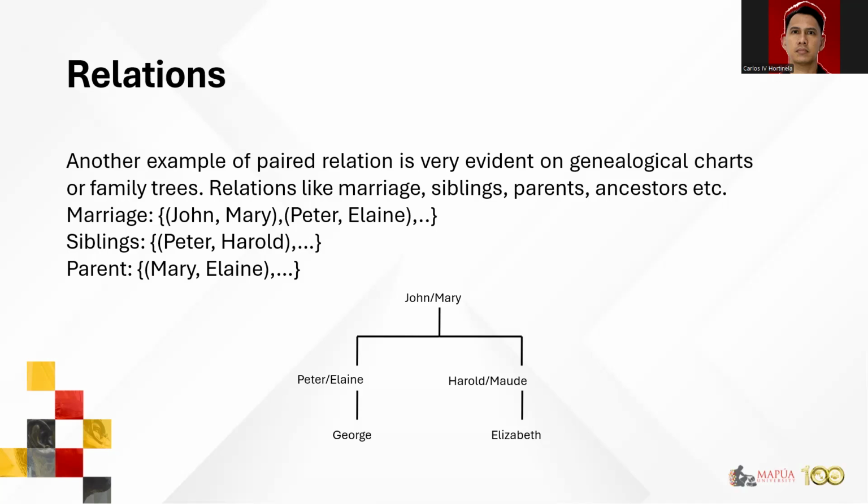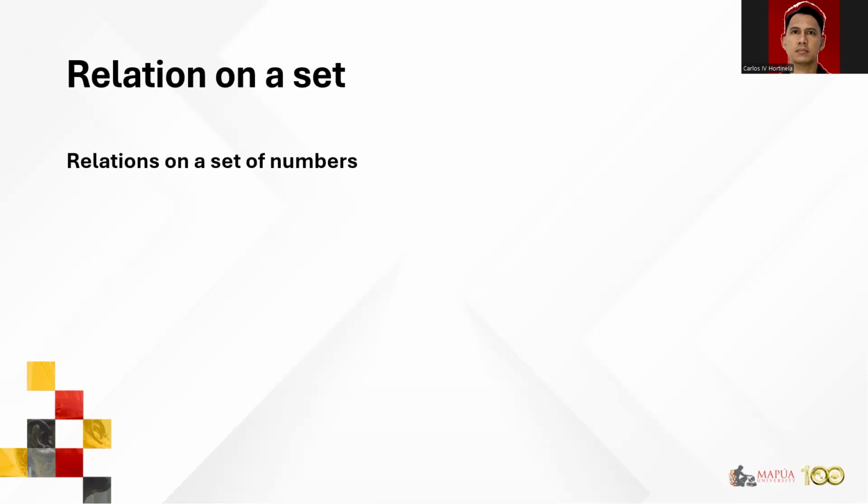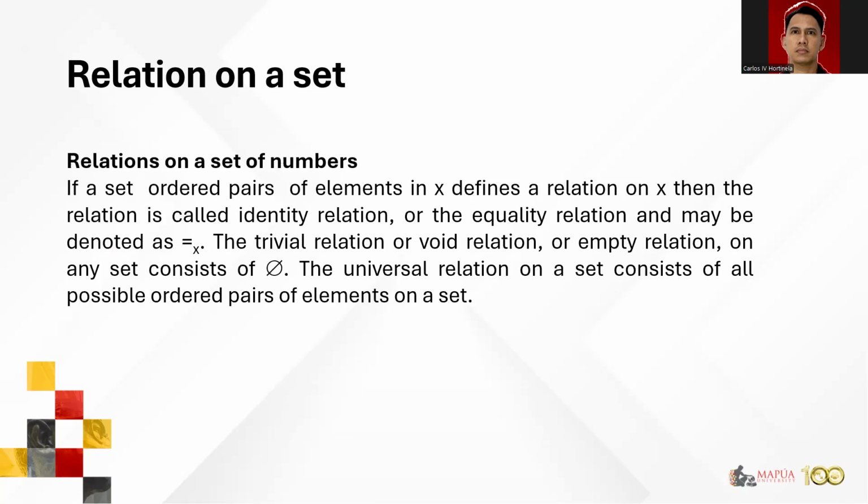The same parent, okay, which are siblings, okay? Group of people that are joined together, group of people that have the same generation, etc., etc. One very good application of your relation is on a set of numbers.